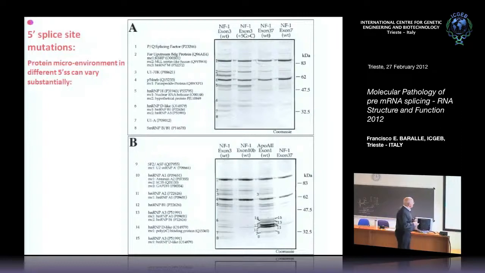And you can see here, just on the chromacy, that there is a big difference between different 5' splice sites. So the profile of protein is different.